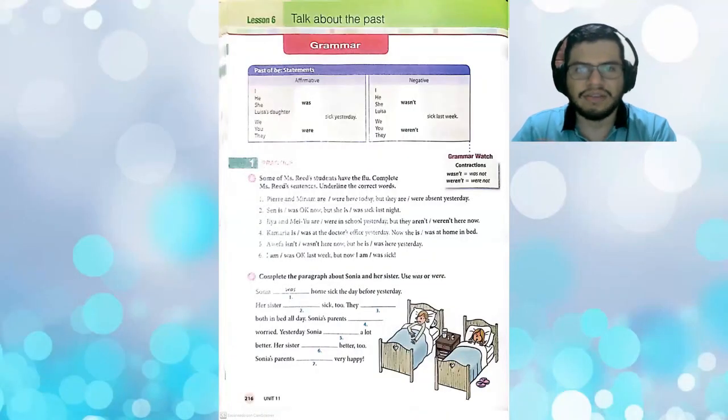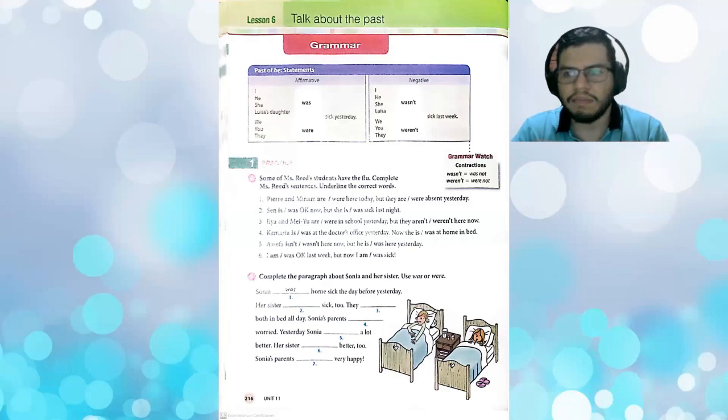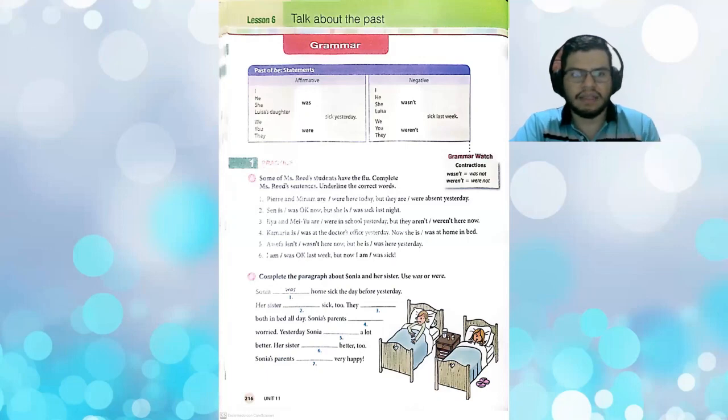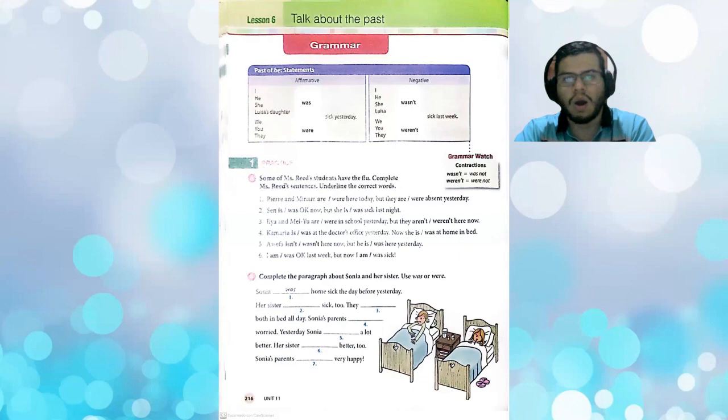Lesson number 6, talk about the past. Grammar. Past of be statements. For example, we have the affirmative: I, he, she, and Luisa's daughter. We're gonna use the verb to be in past, was. I was, he was, she was, Luisa's daughter was.